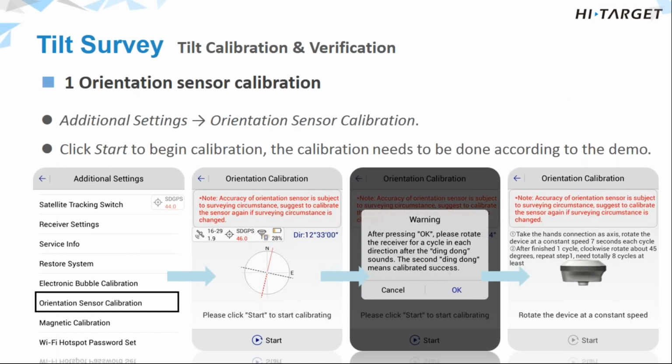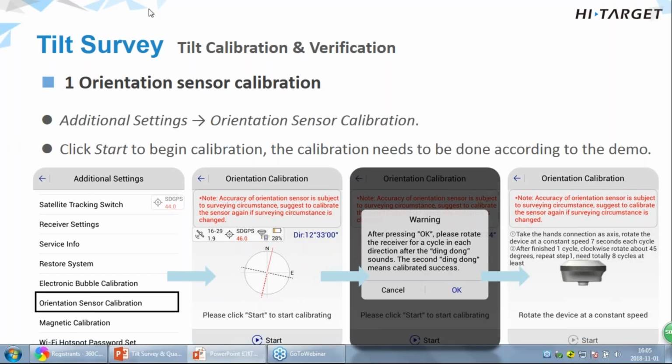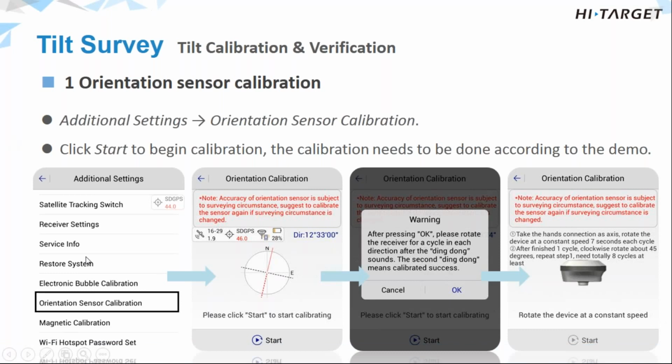Okay, so I will introduce the calibrations to you one by one. The first one is the orientation sensor calibration. You can find the option in the additional settings. In the first picture, here are the additional settings, and please choose this calibration to get into this interface, the second interface.